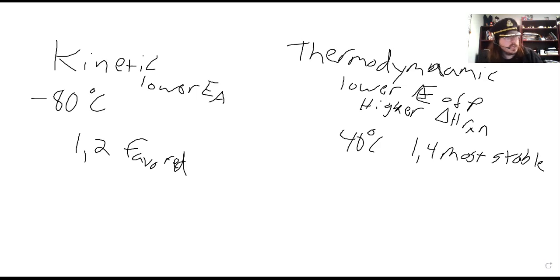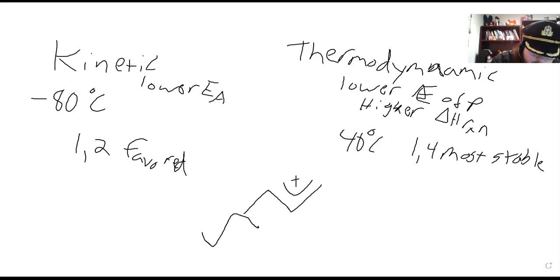So you have to have time to shift to the other intermediate prior to attack. From this center position, we have a lower energy barrier for the kinetic. We have a higher energy barrier for the thermodynamic, but it drops down lower. So it depends on how you control it.